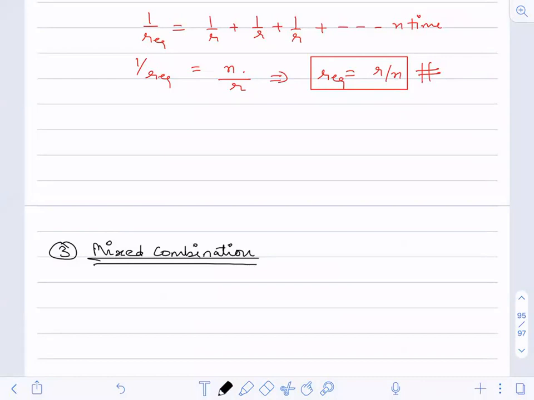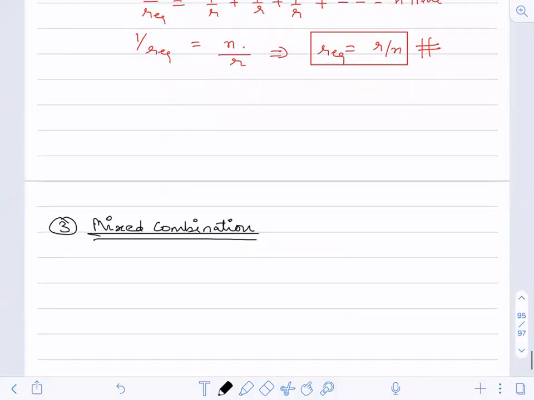Now in this, how the cells will be arranged and how the questions will be asked, we have to see that. Mixed combination means there will be series also, and you'll be having parallel combination also. This is one cell and its internal resistance, then again one cell and its internal resistance, and like this we have a total of m cells.